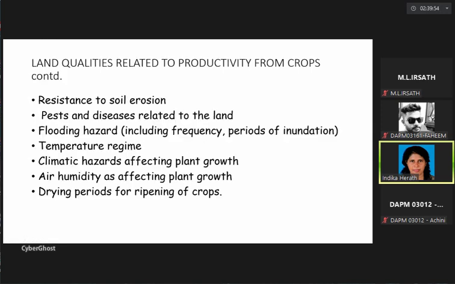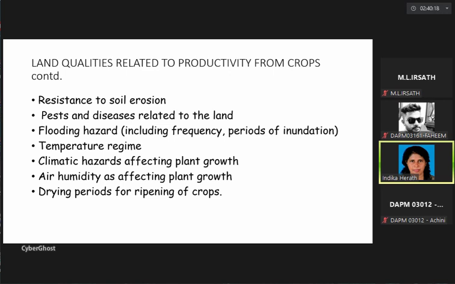And there are other things that you need to consider, especially when it comes to cultivation under a particular land. We need to consider the resistance to soil erosion, whether the land is resistant to erosion. Otherwise, if it is susceptible to erosion, we have to do erosion control measures, right?